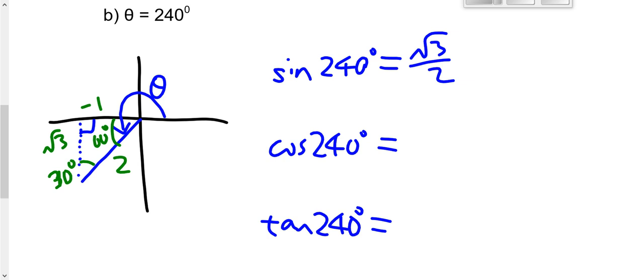I know this should also be negative. Oops, wrong color. How did I figure out that I screwed up? Because if you look at CAST, only tangent is positive. Alright, so that's how I figured that out.